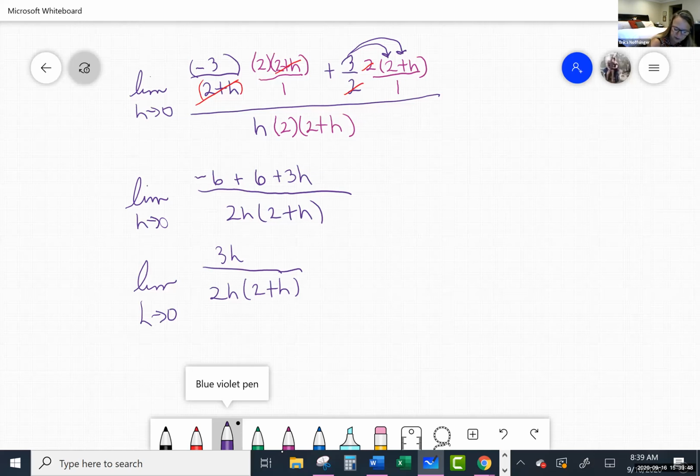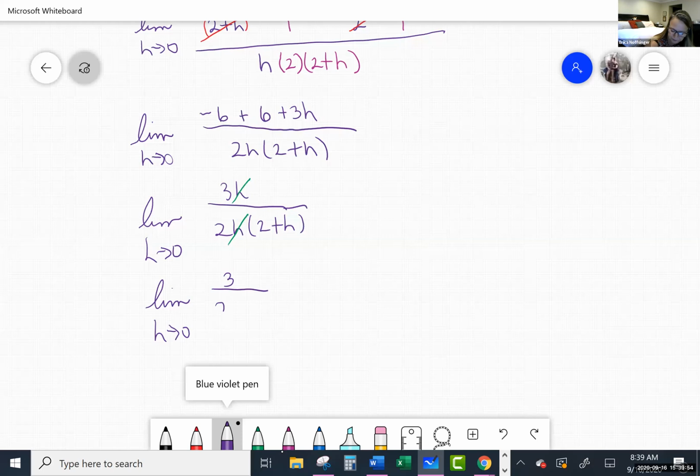So now when we plug in 0 wherever we see an h in here, notice that this will give us back a number. And so we get 3 all over 2 times 2 plus 0, which is equal to 3/4. So this is the slope of our tangent line.